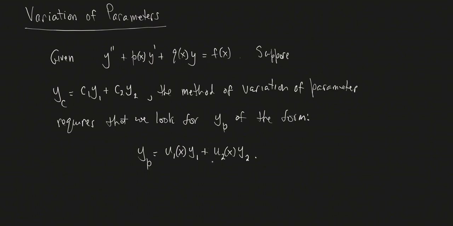The trick is, however, we won't have a direct formula for u1 and u2, but instead we're going to have a direct formula for u1 prime and u2 prime. So we'll be able to figure out the derivative of this function and the derivative of this function. And then obviously once you know the derivative, you can work backwards, right?